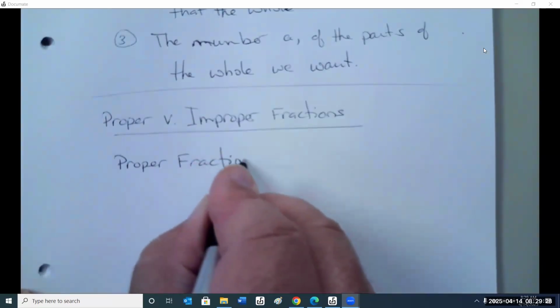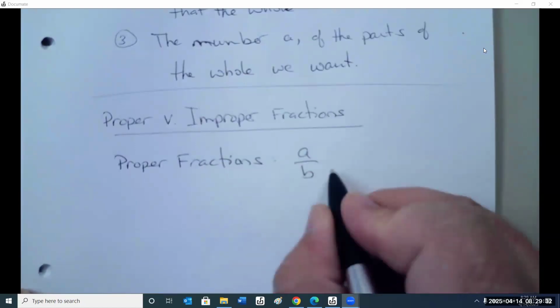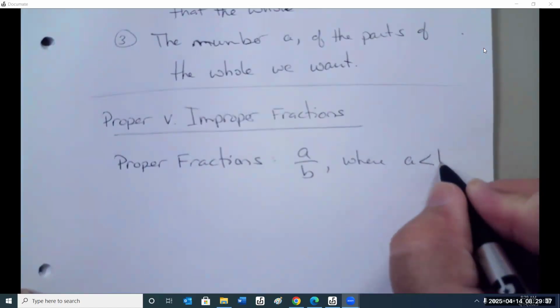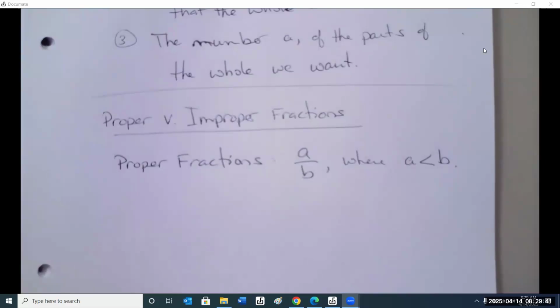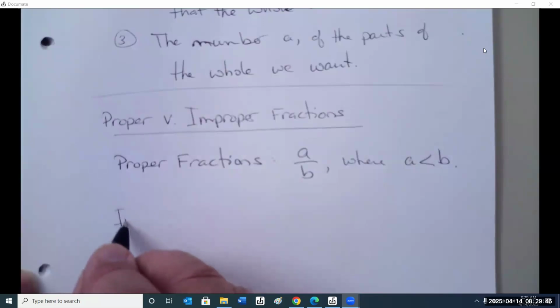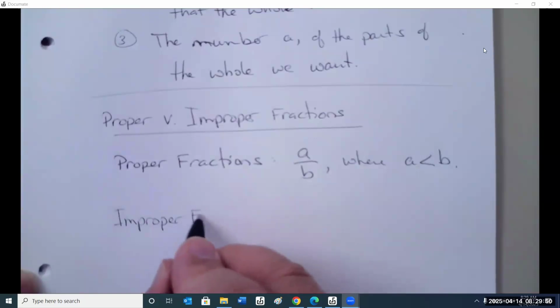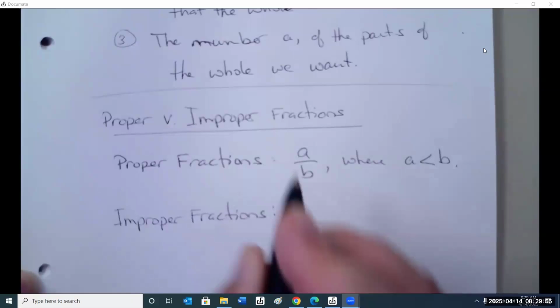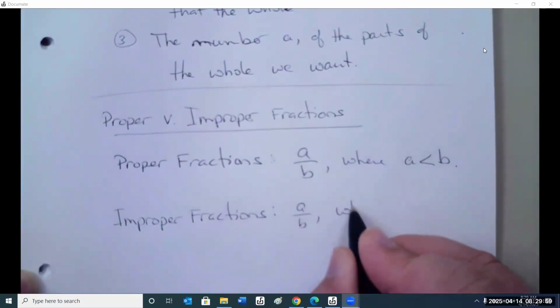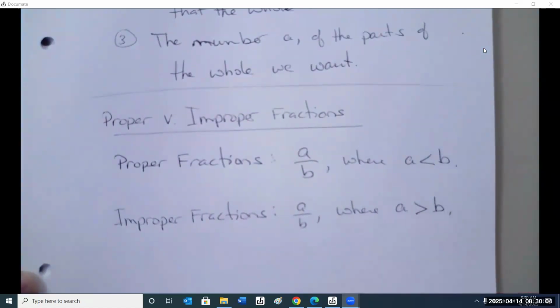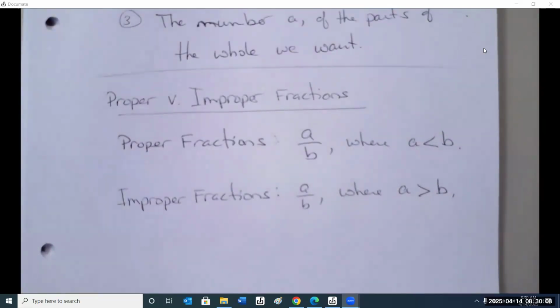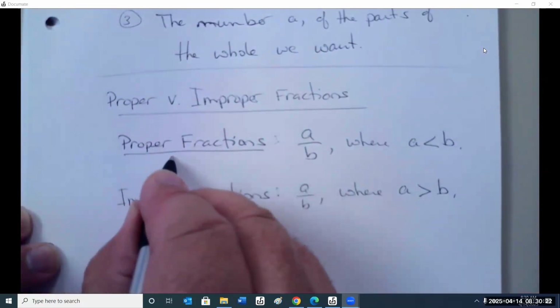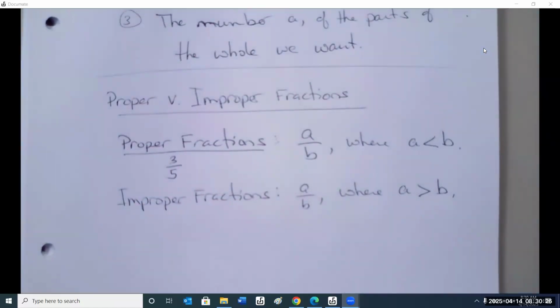Proper fractions: A over B, where A is less than B. Improper fractions: A over B, where A is bigger than B. For example, a proper fraction would look like 3 out of 5, or 3 over 5. Which means you'll always have some left over in that fraction.